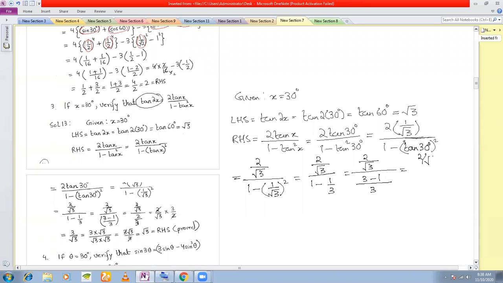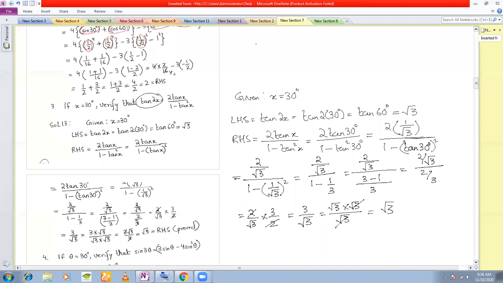So 2 by root 3 divided by 2 by 3. This is 2 by root 3 into 3 by 2. These two cancel. It simply becomes 3 by root 3. Now 3 can be written as root 3 into root 3. This cancels here. You simply get root 3.